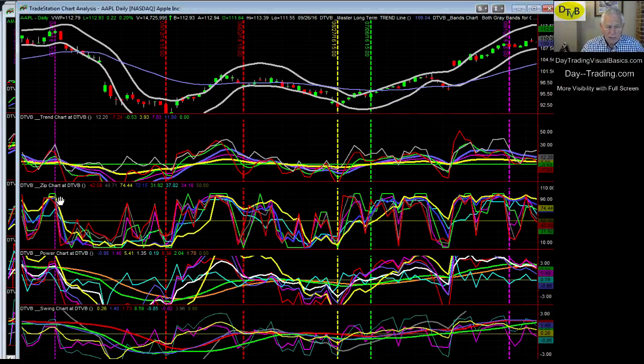But note how fast zip yellow drops down here. That's the main thing that I wanted to bring out. And then as it's traveling all the way up to this first red line, it's under 20, and you've got just a huge downtrend. So zip yellow will tell you a lot about the particular trend that you're in.